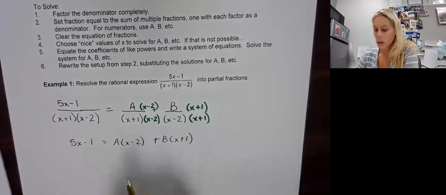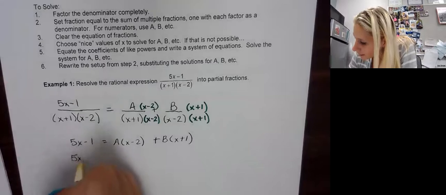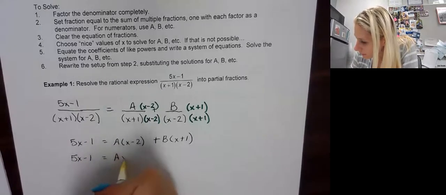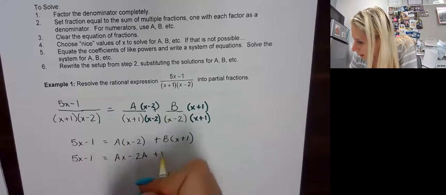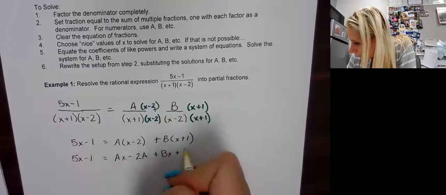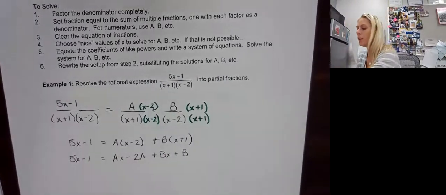Next, I will distribute these out. So you get 5x minus 1 equals ax minus 2a plus bx plus 1b. Now this is going to be a different situation than what you're used to.